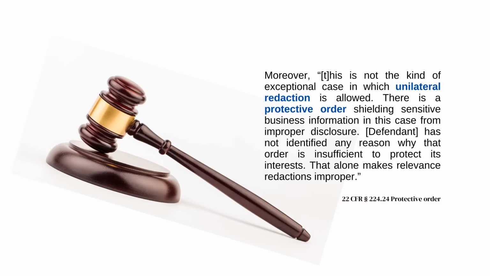So let's go on. The court said, there is a protective order shielding sensitive business information in this case from improper disclosure. Defendant has not identified any reason why that order is insufficient to protect its interests. That alone makes relevant redactions improper.